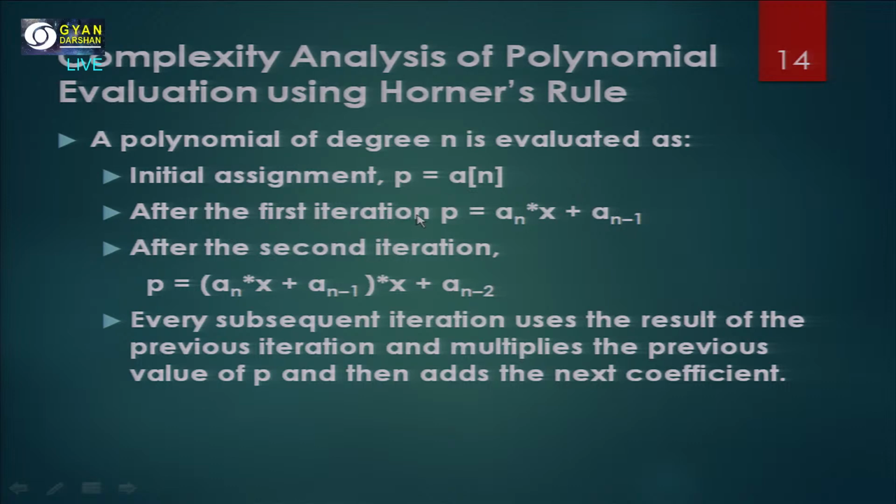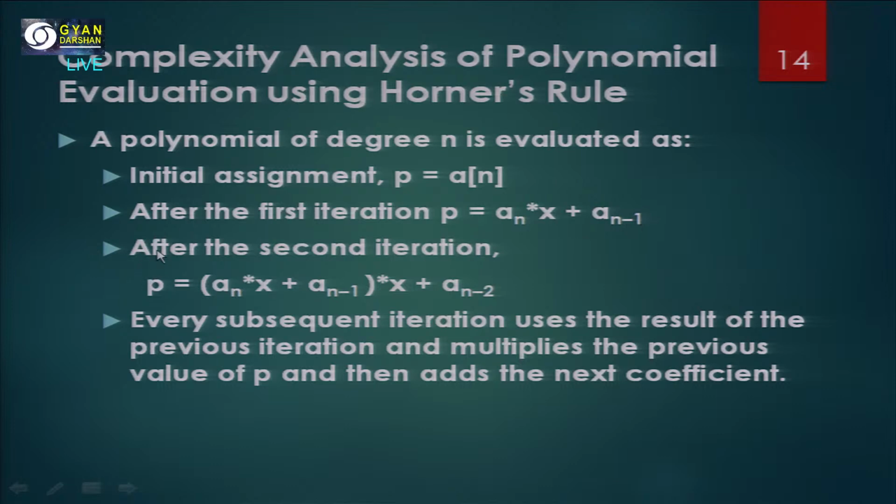After the first iteration, we get p equals an multiplied by x, plus the coefficient of the n minus 1th term. Why? Because we initialized i to be n minus 1. So this is what was added, and what we got is the polynomial value an into x plus an minus 1.